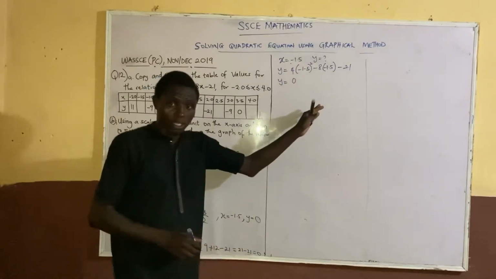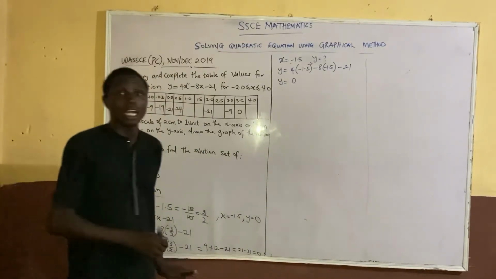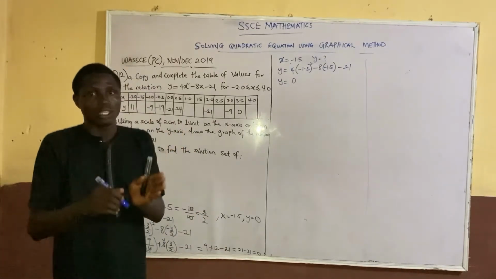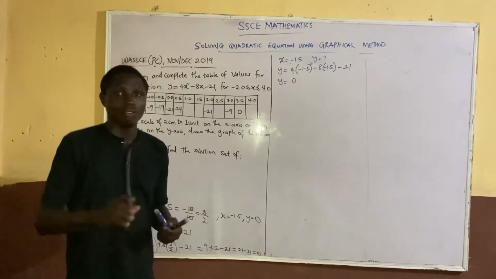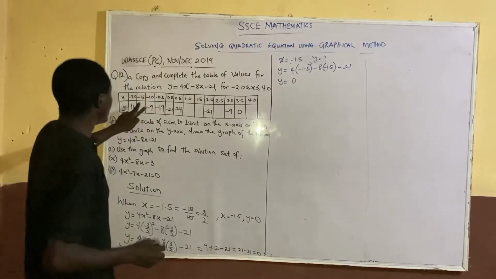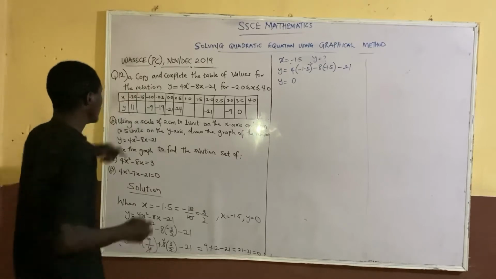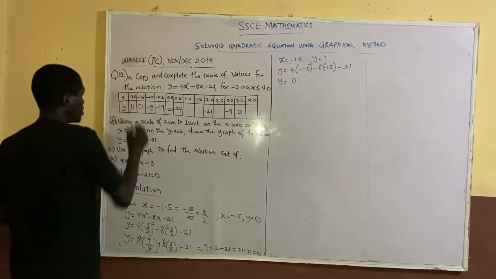This one is faster than that, but here I'll be maintaining converting decimal to fraction. Now we have filled this place, and whenever our x is minus 1.5, y is 0.